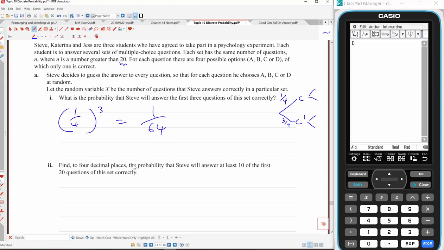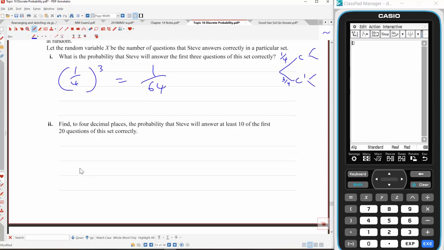Find to 4 decimal places the probability that Steve will answer at least 10 of the first 20 questions correctly. So that is the probability that the random variable is at least 10. So that's going to be between 10 and 20 inclusive equals. Now it's important here to note that this will usually be a 2-mark question, and you're going to get 1 mark for the probability.